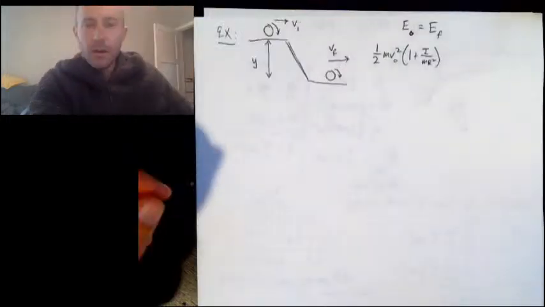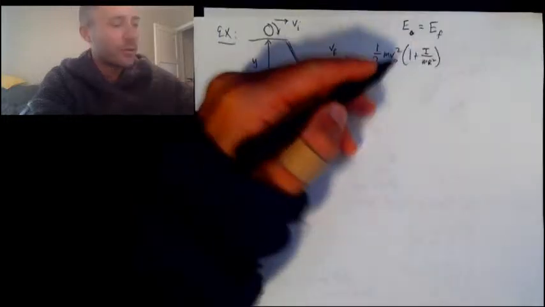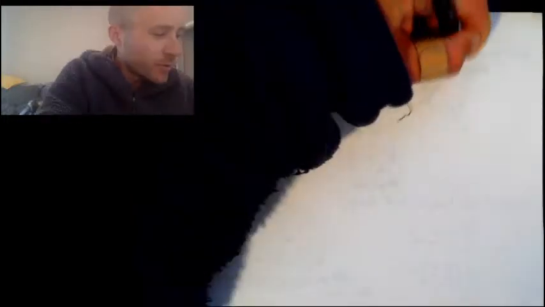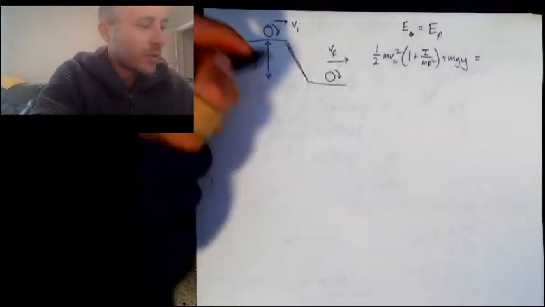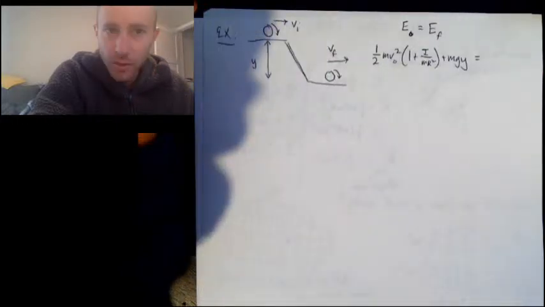Notice how I'm using the initial speed. And then we have gravitational potential energy. Afterwards, after we get to the bottom of the hill, we don't have gravitational potential energy anymore. We just have kinetic energy.